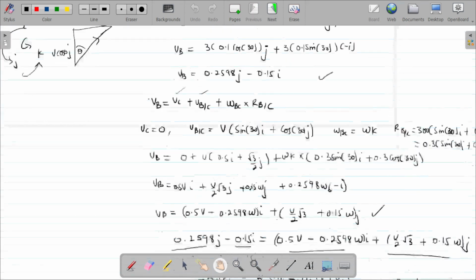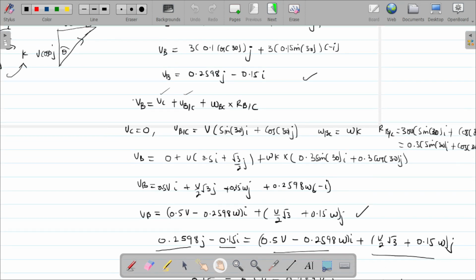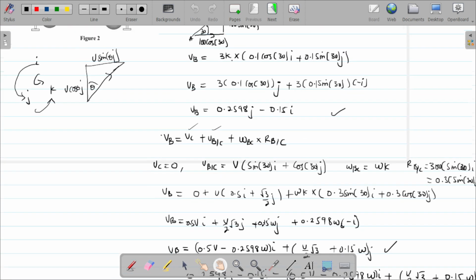So here the velocity of B with respect to C we didn't know, and it was in this vector form. So this time for acceleration, you just have acceleration here. You can use a to represent acceleration. Then you have sine theta i, cos theta j. If you've forgotten how we came up with this, just go back and watch how we did this.